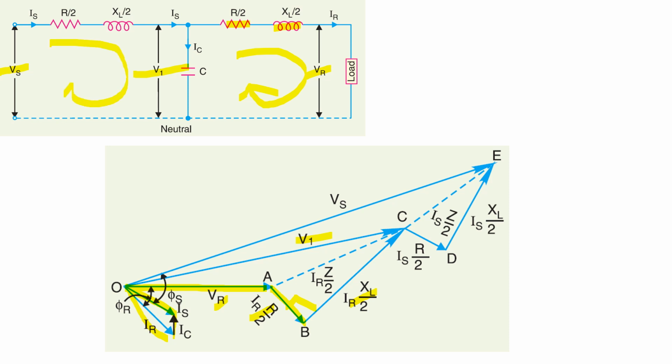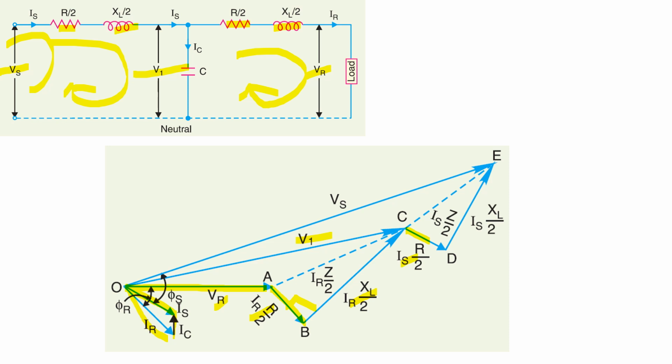Look at this another loop. In this loop I want to write down the expression of Vs. Vs is nothing but the summation of V1 plus the voltage drop across this and the voltage drop across this. So this is my V1. The current flowing through this element R by 2 is Is. So this Is into R by 2 is in phase with Is.